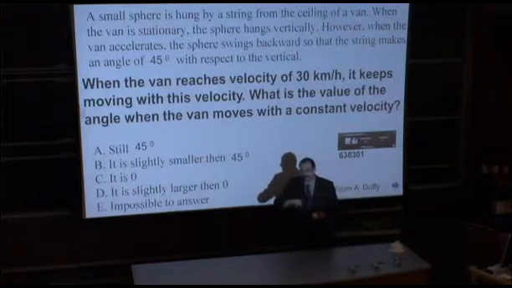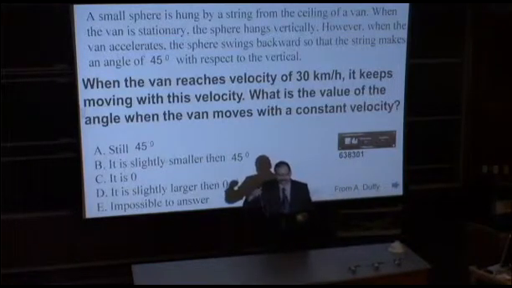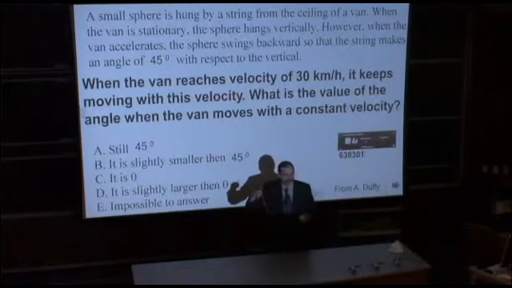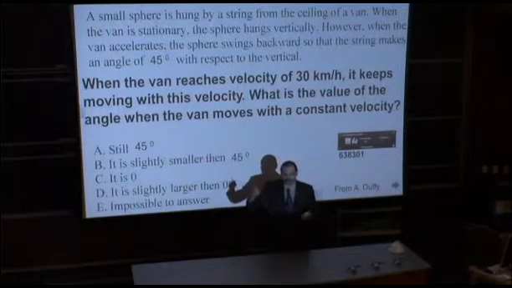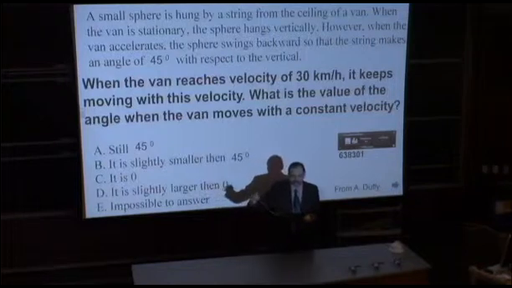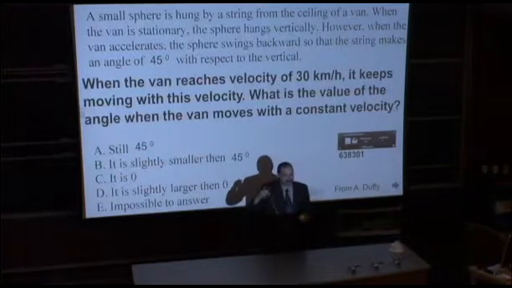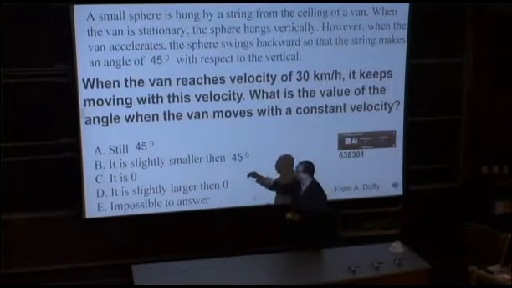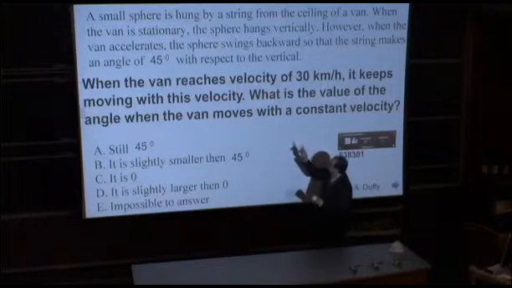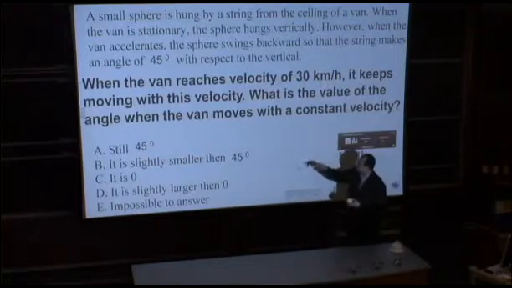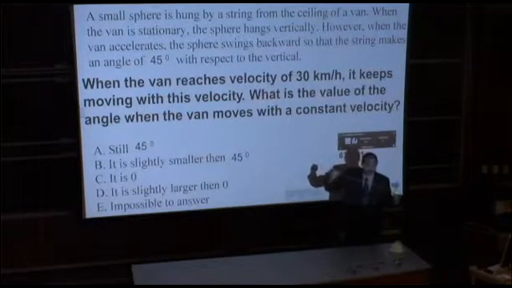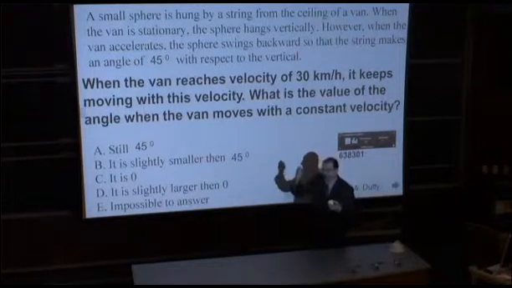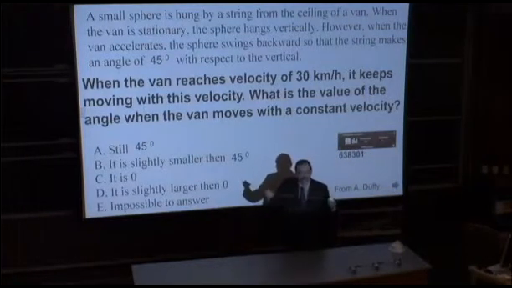So eventually, the van reaches the desired velocity, and after that keeps traveling with constant velocity. So the question is about that regime of the motion, when the van is traveling with constant velocity: what angle would you observe between the vertical direction and the string?